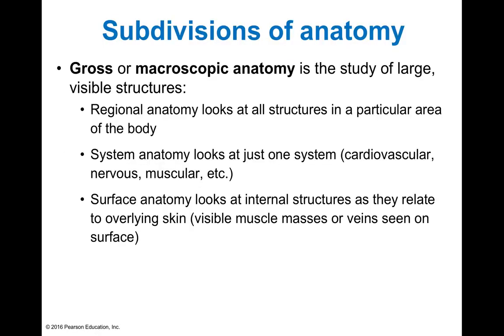Now, going back to anatomy and looking at its subcategories, we have two main categories: gross or macroscopic anatomy, macro implying large, which discusses concepts or terminology associated with structures large enough to be visible with the naked eye.